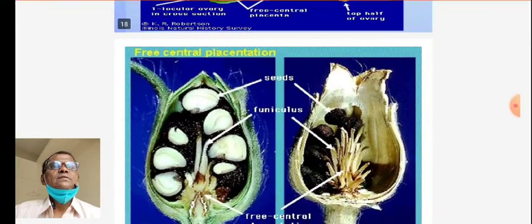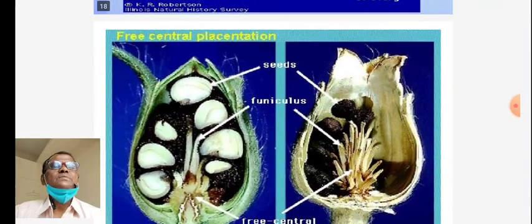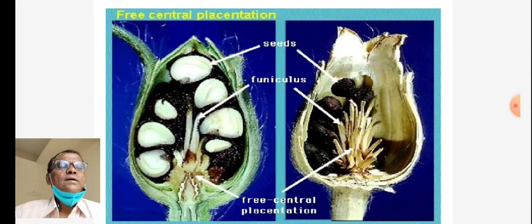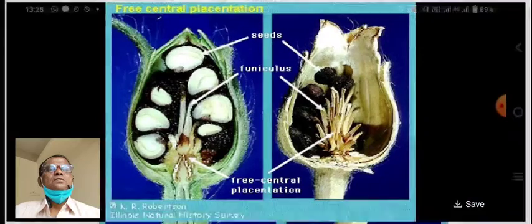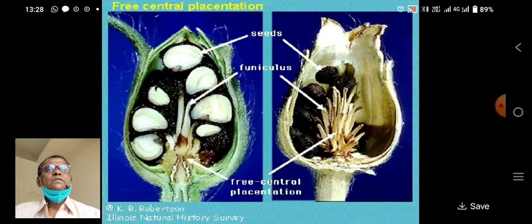Then free central placenta, as you observe here, is attached only at the base. So the center is free, right? So ovules are attached showing the funiculus condition. Based on this, this is one good type.